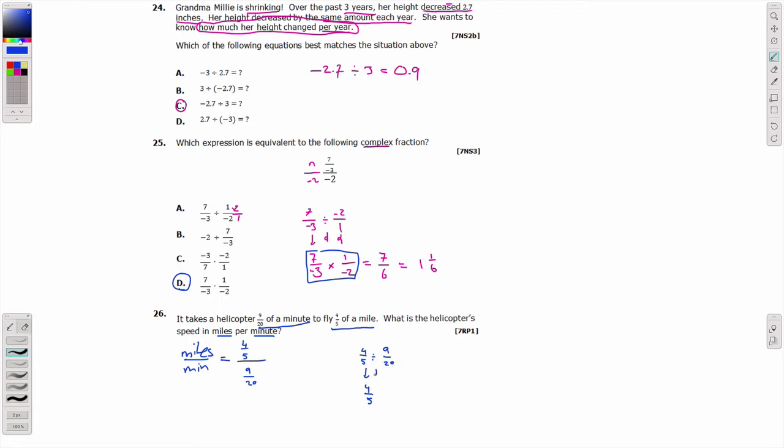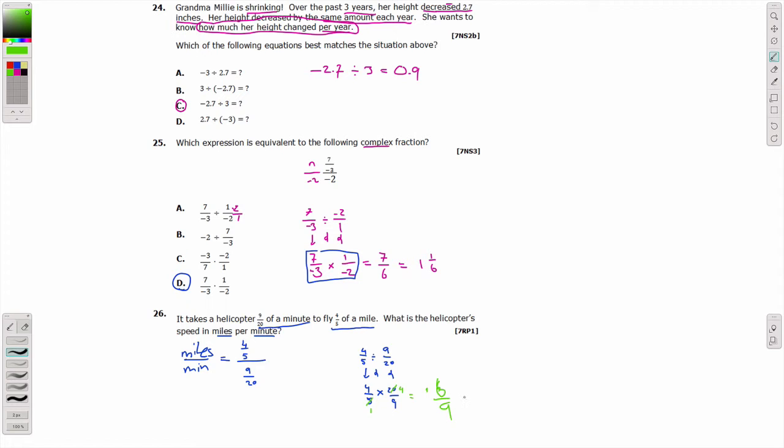Stay. 4/5ths. Flip, dividing to multiplying. Flip the fraction. 20 over 9. Cross cancel. 5 divided by 5 is 1. 20 divided by 5 is 4. Makes life easier. Now I have 4 over 9 times 4 over 1, which is 16 over 9.